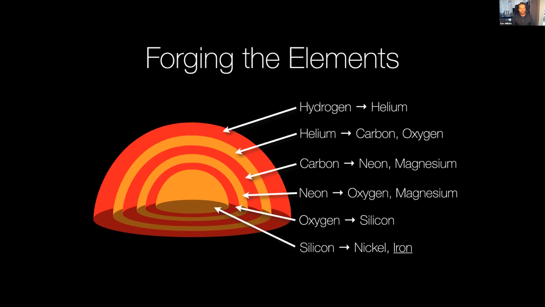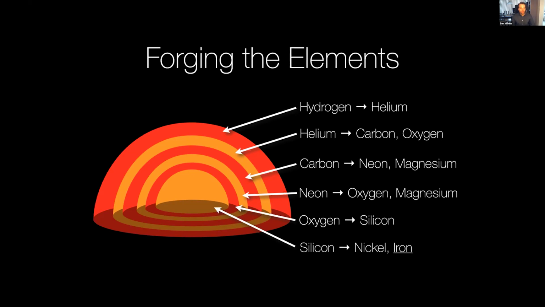On the outer edge, where it's the coolest, we just have hydrogen turning into helium. But then further in, the crushing force gets greater, the temperature gets higher, so helium is crushed into carbon and oxygen, carbon turns into neon and magnesium, and all the way down at the center, things like oxygen get turned into silicon, and silicon can be turned into nickel and iron.